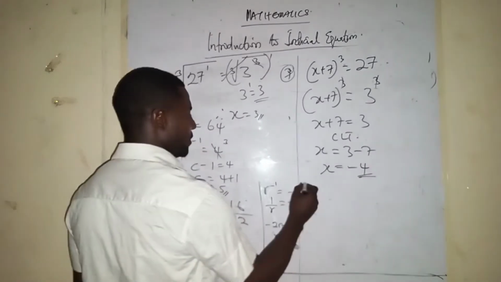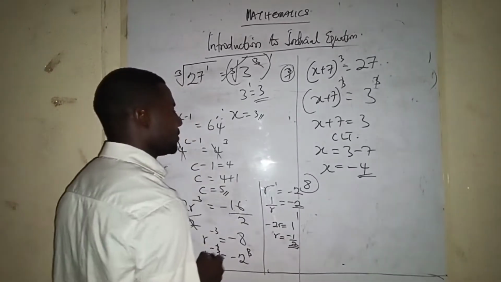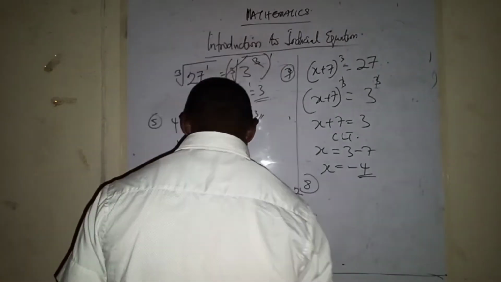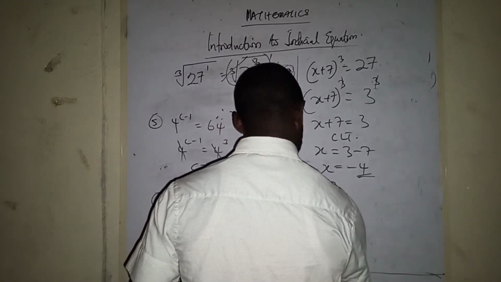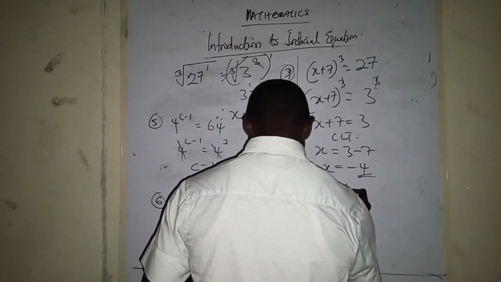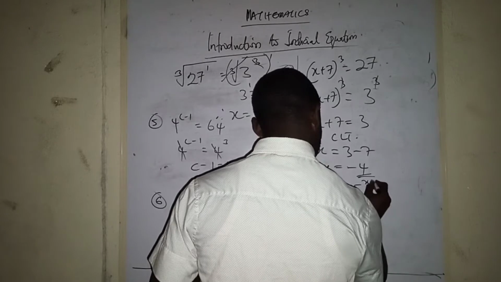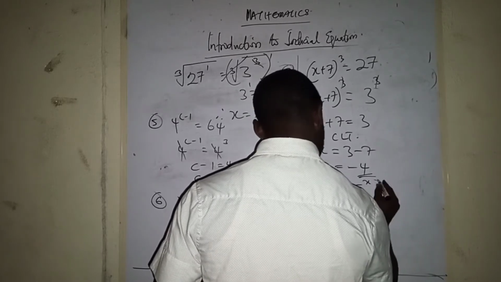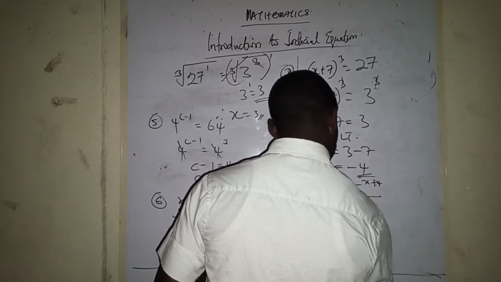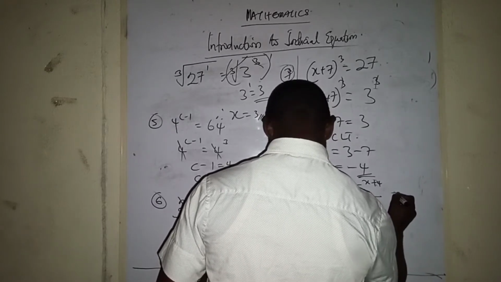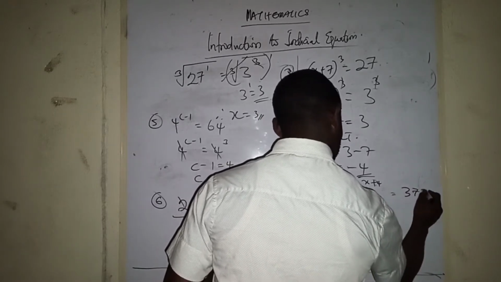Okay. The next question, number 8. If you have 3 multiplied by 5^(x+4) over 25^x is equals to 375.